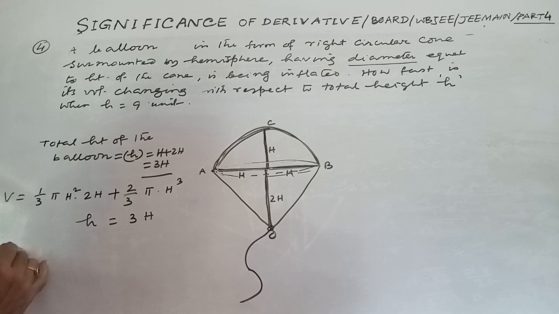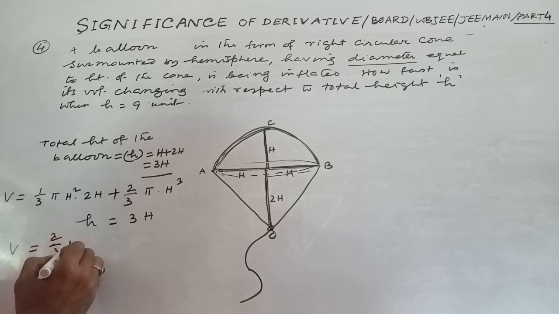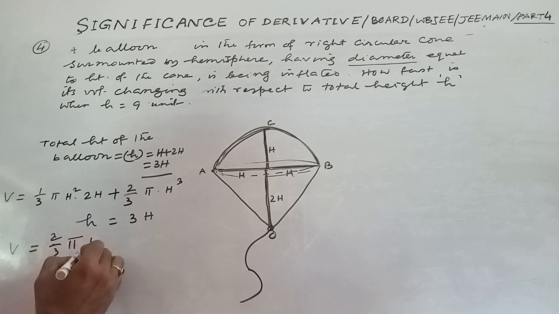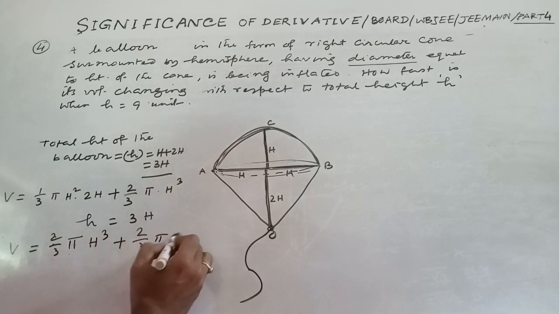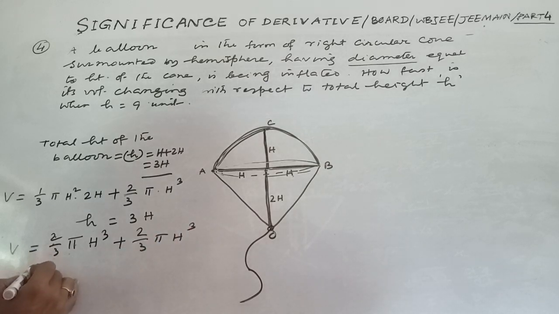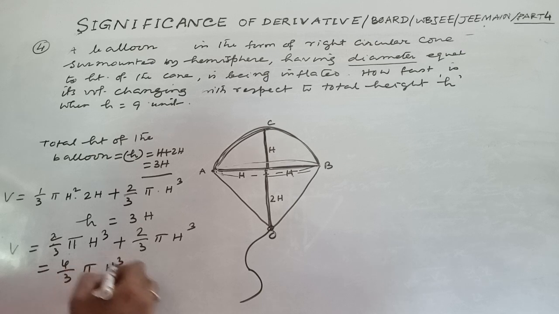So V equals 2/3 pi H cube plus 2/3 pi H cube, so 4/3 pi H cube.